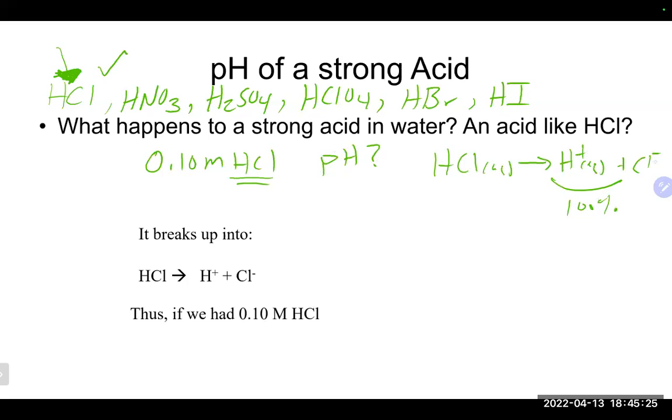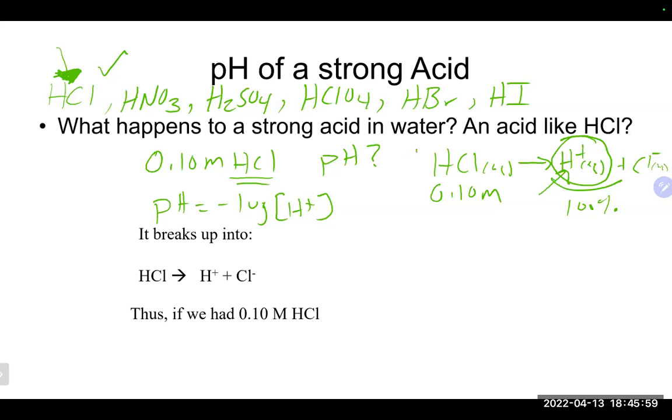Out of H plus and Cl minus, which one is important in terms of the pH? The pH equation is the minus the log of the H plus, which means the most important guy there in terms of pH would be the concentration of the H pluses floating around in the solution. So if they told us that this guy was 0.1 molar, as we talked about with solutions, what would be the concentration of the H plus in this case?